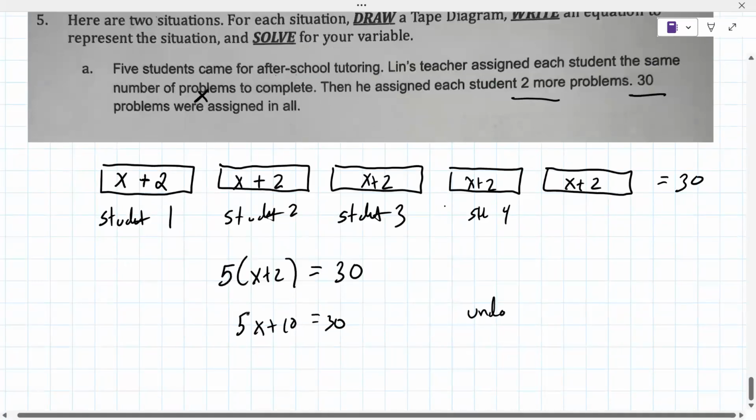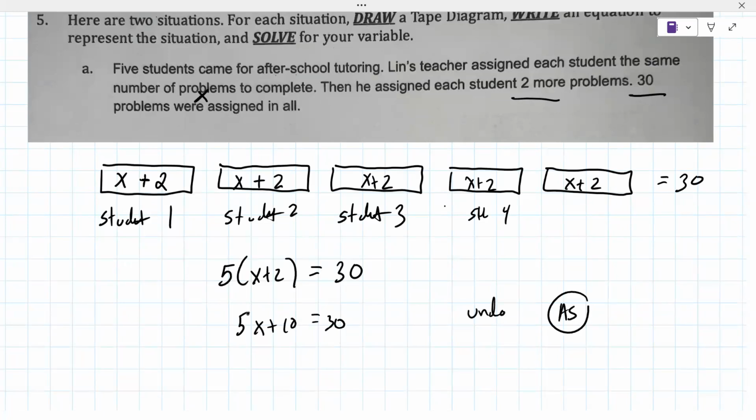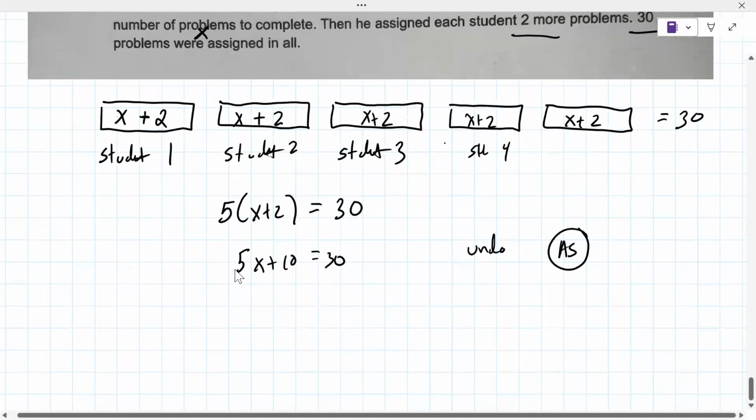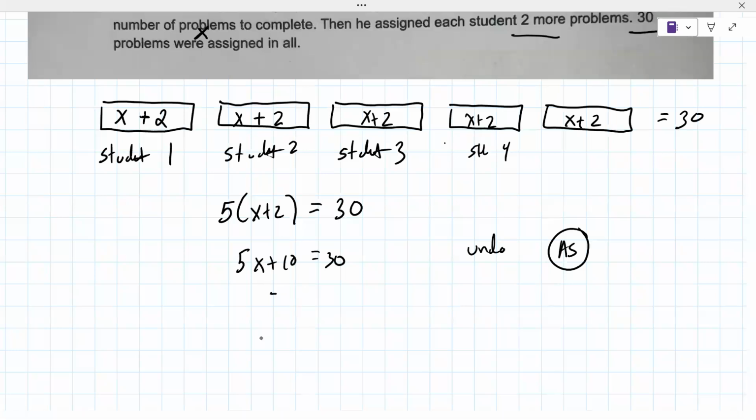And now you're going to undo addition and subtraction first. So look at the side with the variable. What number are you going to undo first? The 5 or the 10? The 10. Okay, so 10 is being added. How do you undo addition by 10? You subtract. Subtract 10 from both sides.